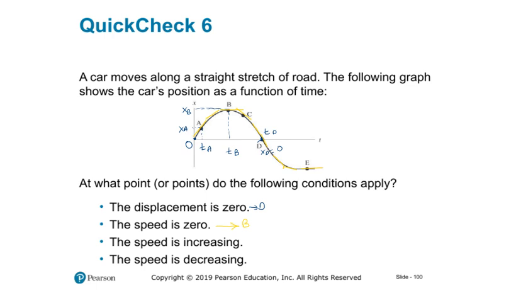I'm going to keep drawing my lines to see. Now I have a negative slope at C. Consider that, and the steepness is increasing. At D I still have steepness. Now I see a decrease here, right? And look at E. It's also 0. So that should be B and E.